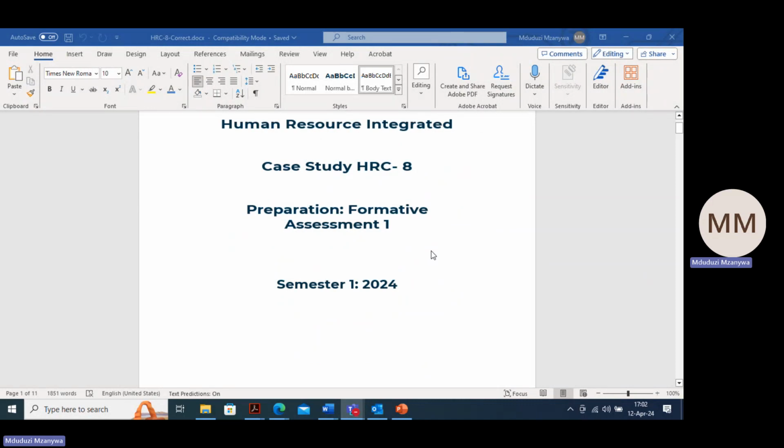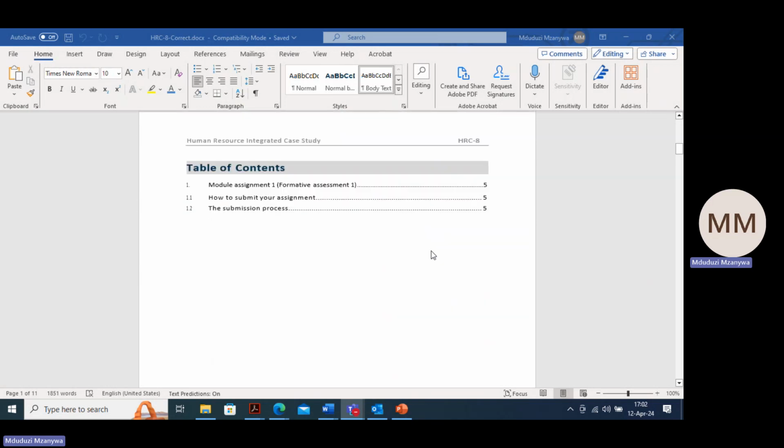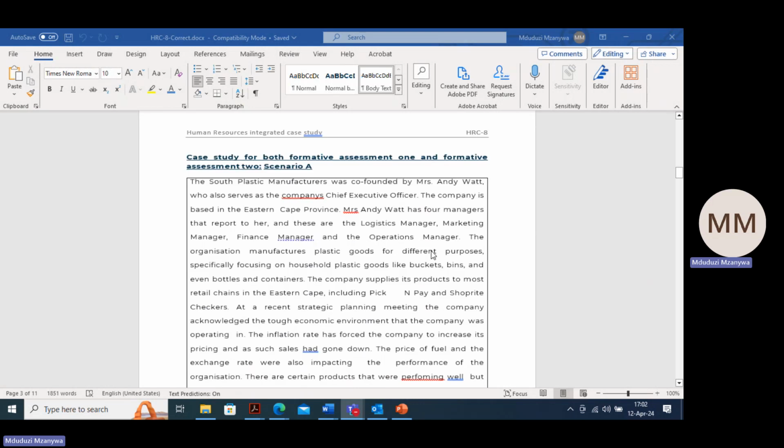So the formative assessment 1 is based on your unit 1, 2, and 3, and is basically preceded by a case study. I do want to say just up front that please ensure that you read your case study thoroughly and more than once, even more than twice if you have to.